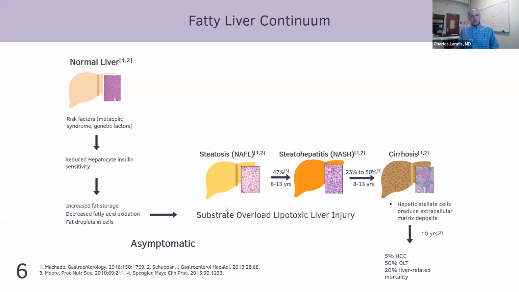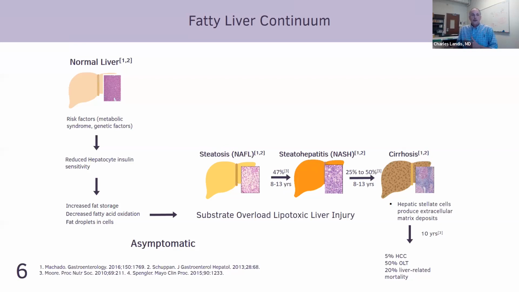Ultimately, we build up steatosis, which is just referred to commonly as NAFL or MAFL, which is essentially bland steatosis, where we have fat in the liver, but without those other features, which would be the ballooning, as I mentioned, or inflammation.